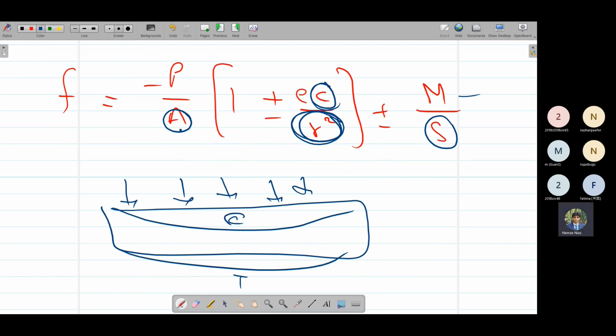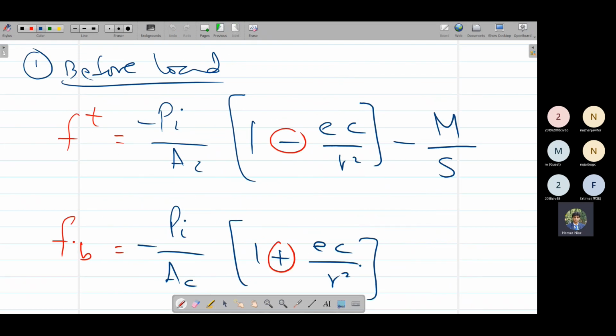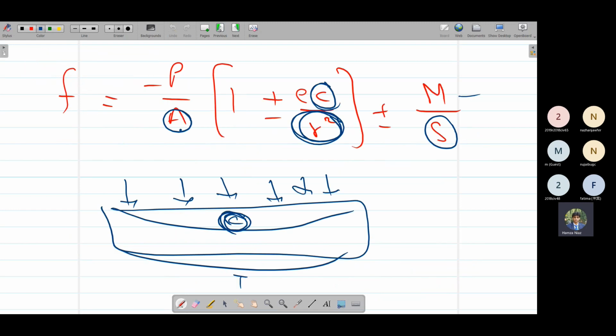Because this load is producing compression at the top. So if we are writing stress at the top, we'll write it as minus M over S. Similarly, it is producing tension at the bottom, so plus M over S. And this is S, this is M_D, that moment. Okay, this is how we have to write the equation.